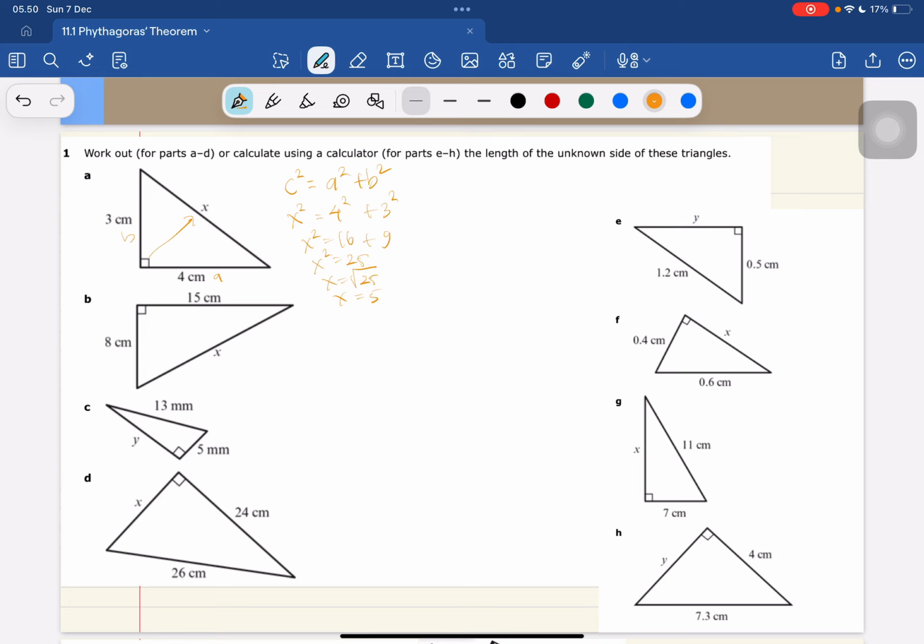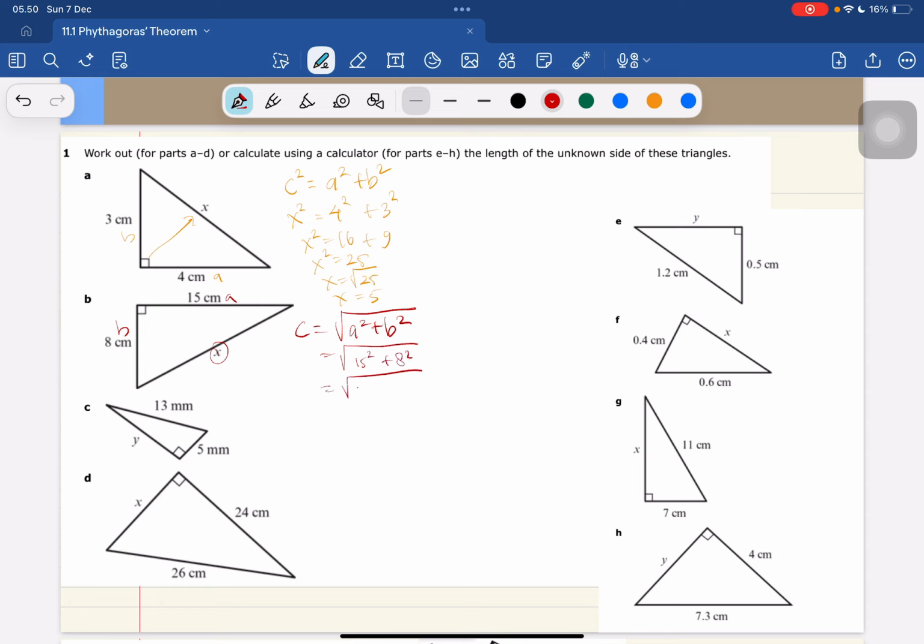Or we can do it directly from here, let's try it. So this is the longest line, the hypotenuse x. So let's make c equal to square root of a squared plus b squared. This is a, this is b. So square root of 15 squared plus 8 squared.